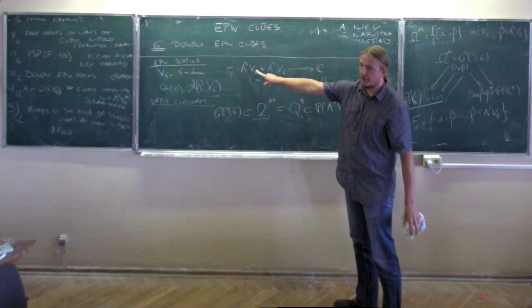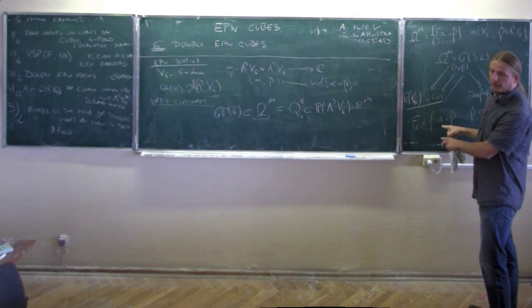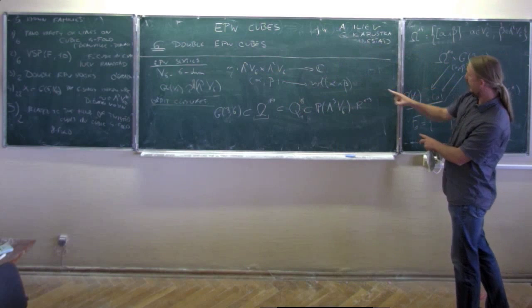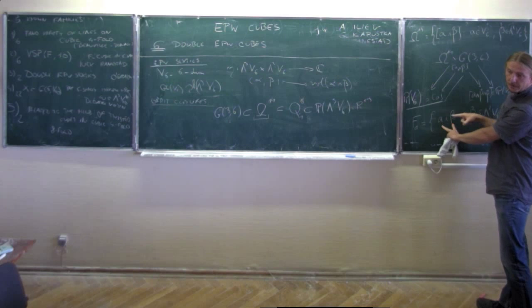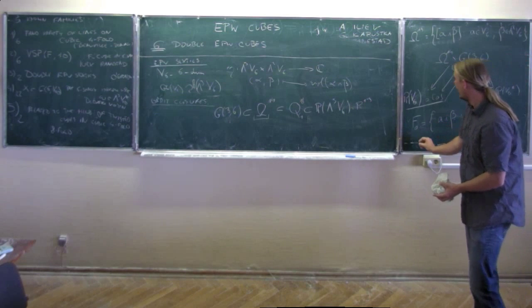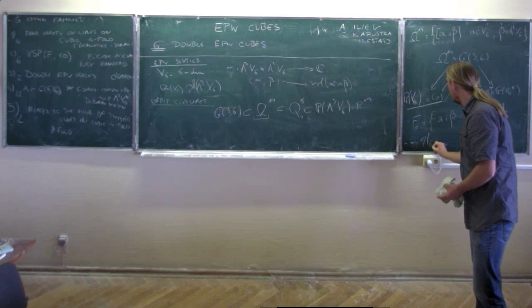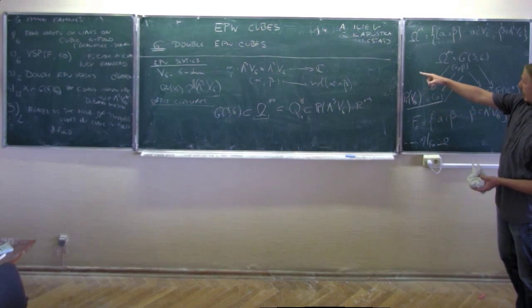It means that if I restrict this form to this space of forms, then it's 0. Any two forms from this space have wedge product 0 because they all have a. So this means that eta restricted to F_a is 0. F_a is half of the dimension of the space.